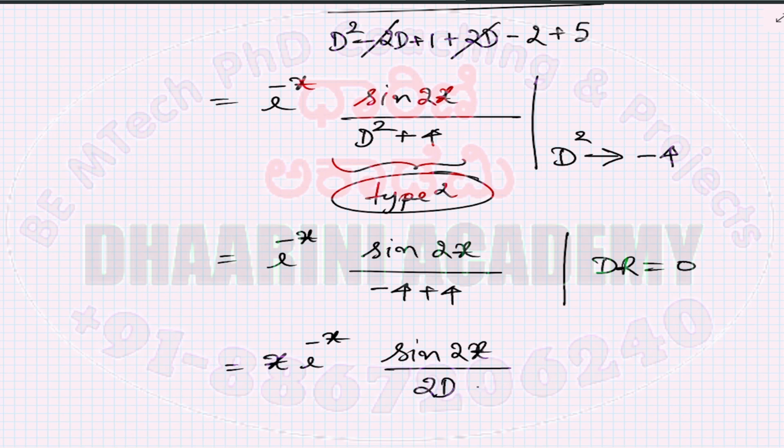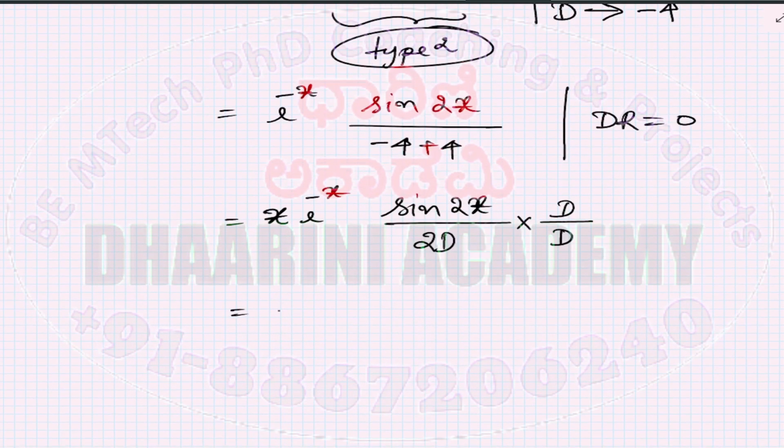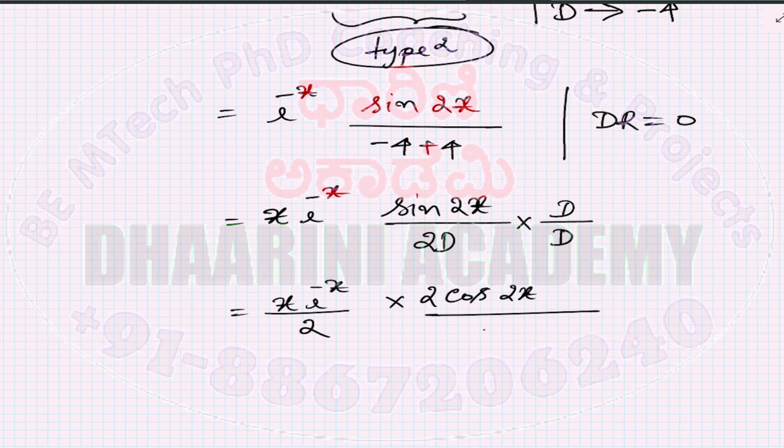Now I need to eliminate the D because the numerator is sine 2x, so multiply and divide by D. So we get x e to the power minus x by 2. D of sine 2x is nothing but 2 cos 2x, divided by the denominator D squared, which can be replaced directly by minus 4.